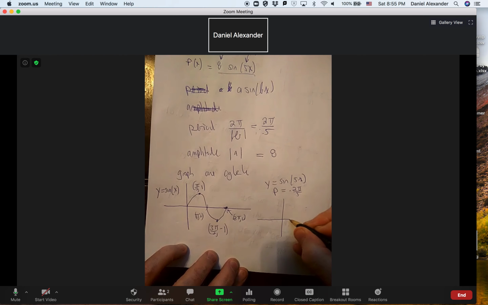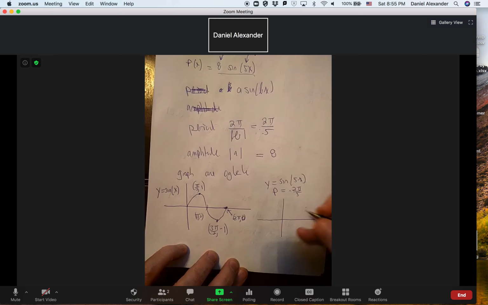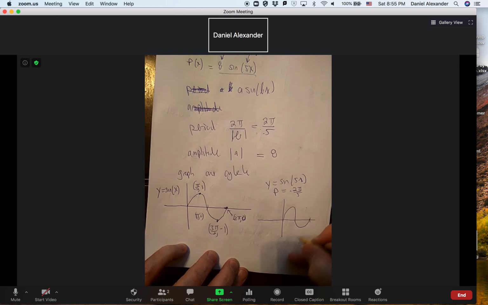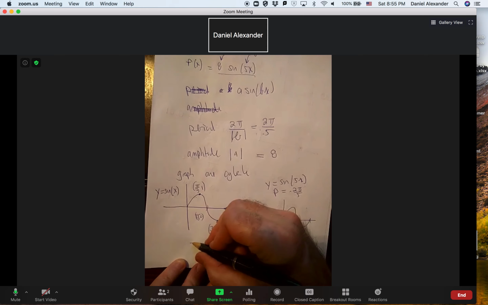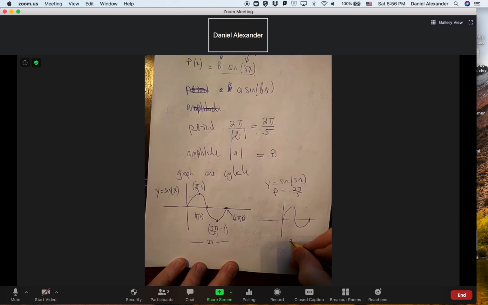So what's going to happen here is instead of going to 2 pi, 0, it takes 2 pi over 5 to go from here to here. So this point is going to be 2 pi over 5, 0. This is going to be half of that, so pi over 5, 0.